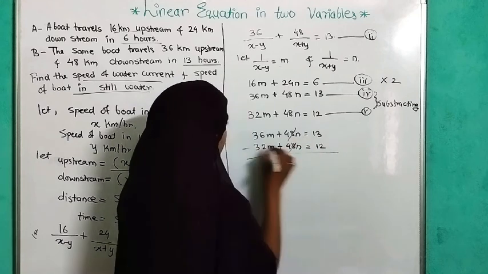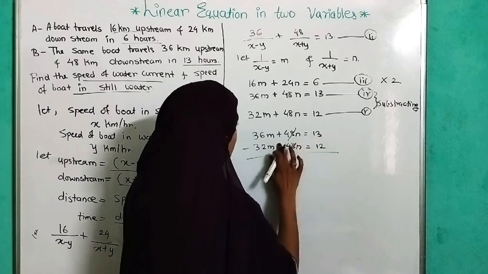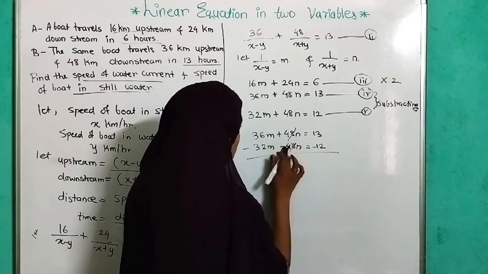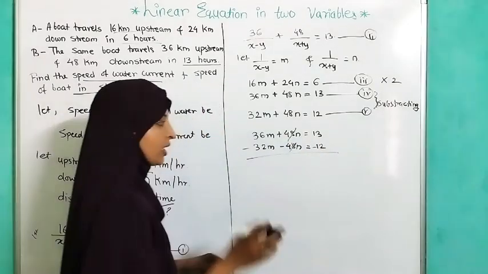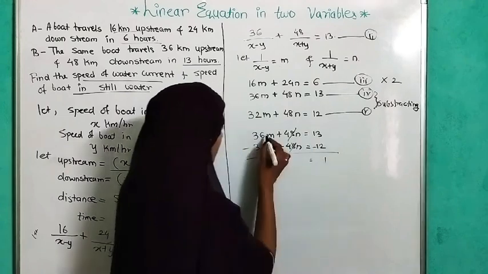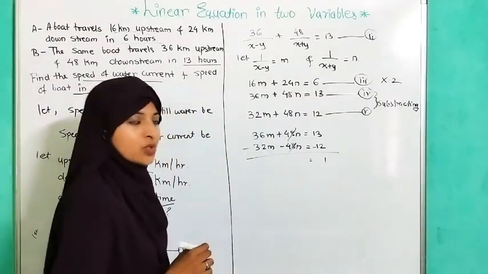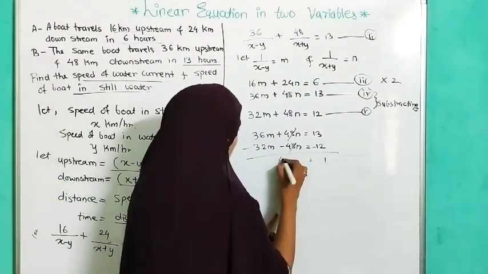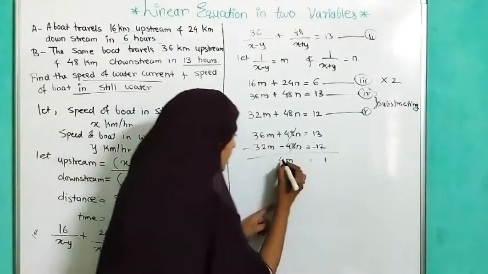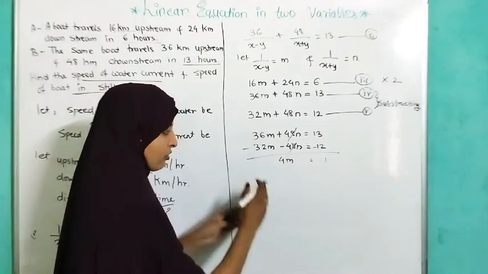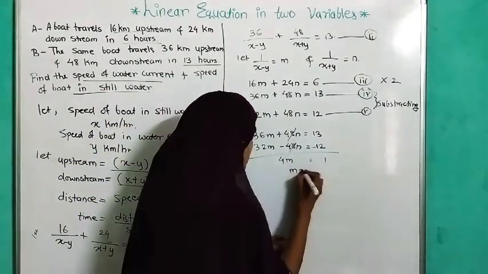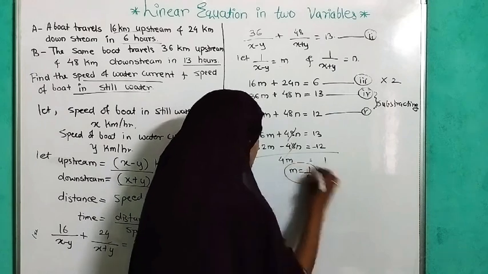If we subtract, the sign is going to change, so 48n minus 48n gets cancelled. 13 minus 12 is equal to 1, and 36 minus 32 is equal to 4m. So 4m is equal to 1. This 4 is in multiplied form, and if you shift it, it becomes divided. Then m is equal to 1 upon 4.